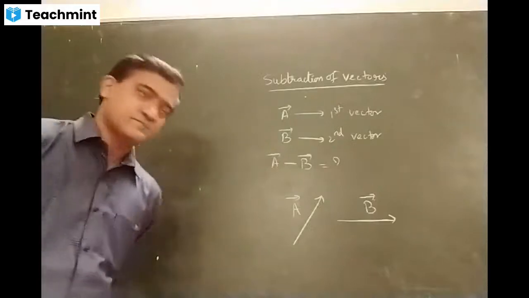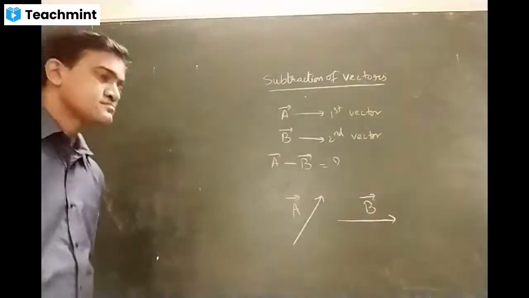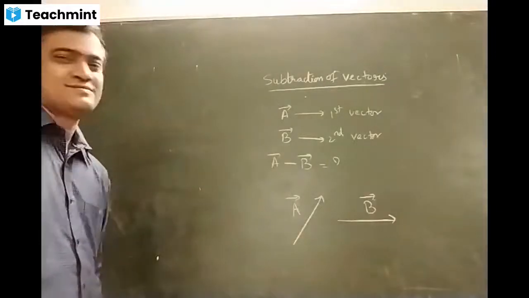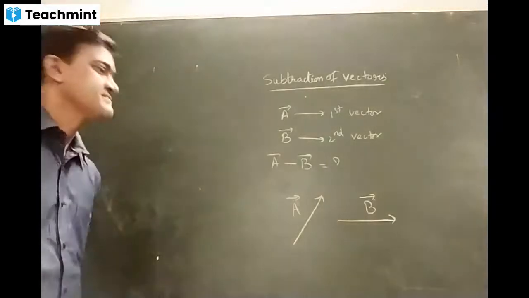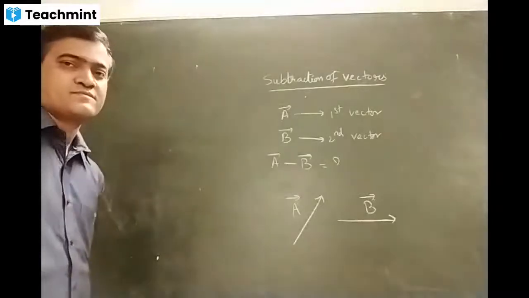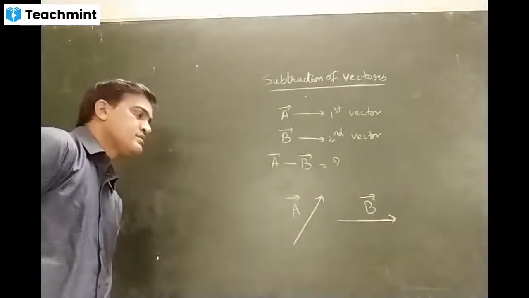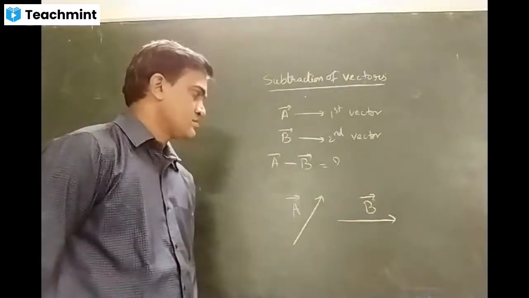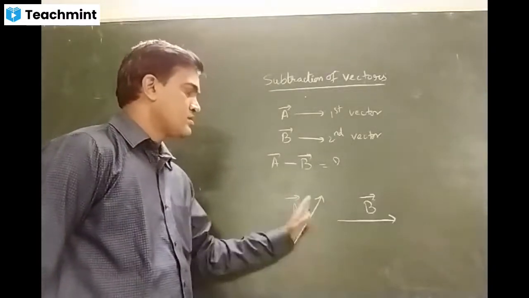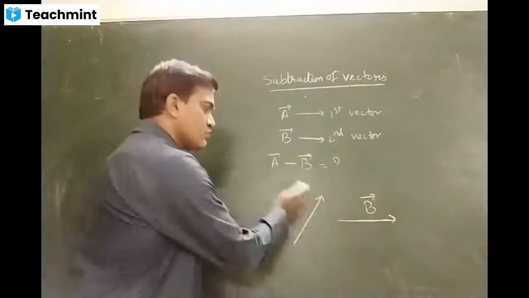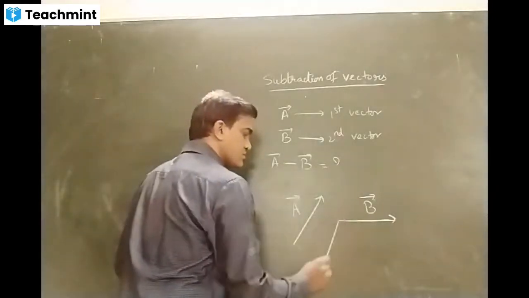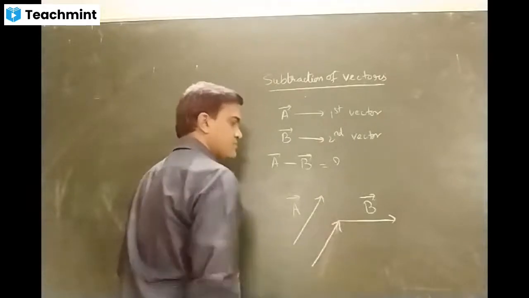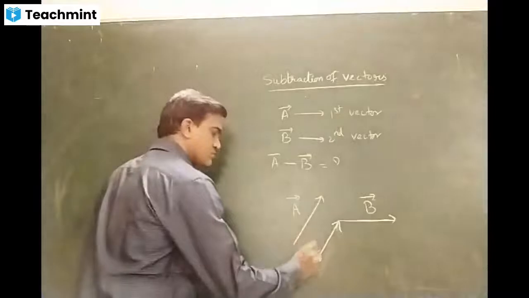Sir, we should join the head of A bar and the tail of B bar, moving B bar parallelly. Yes, sir. If I move A bar like this, this is A bar now.